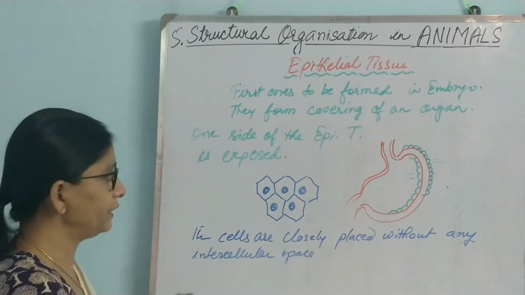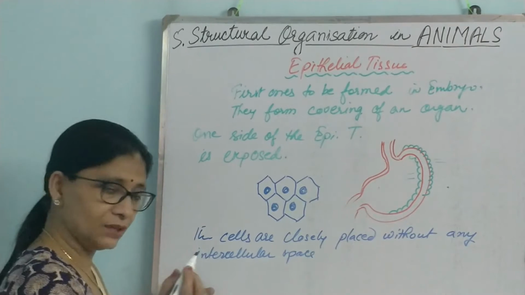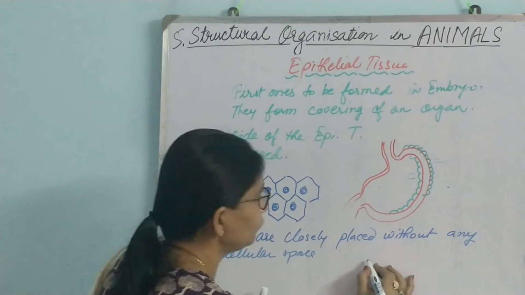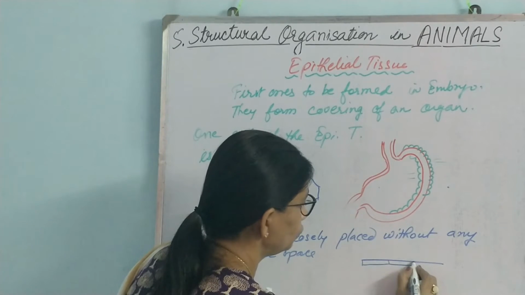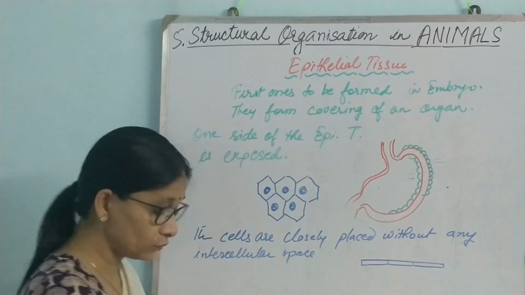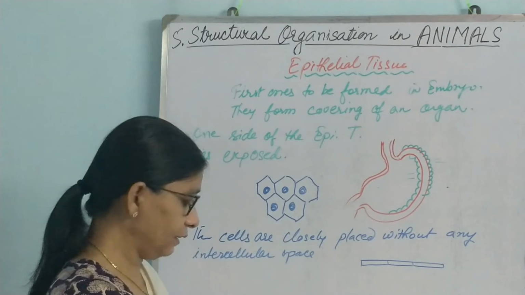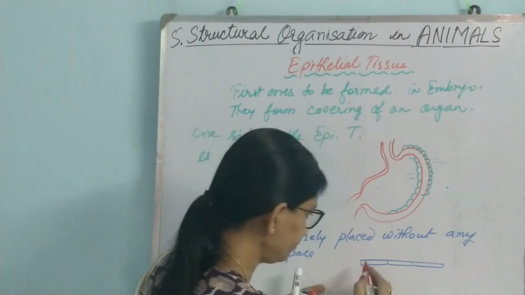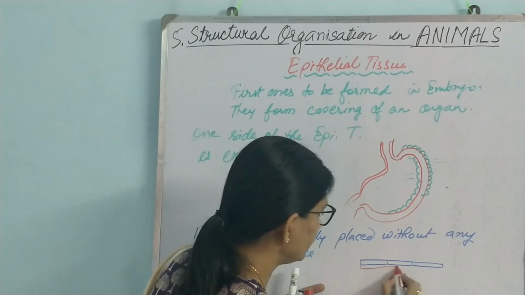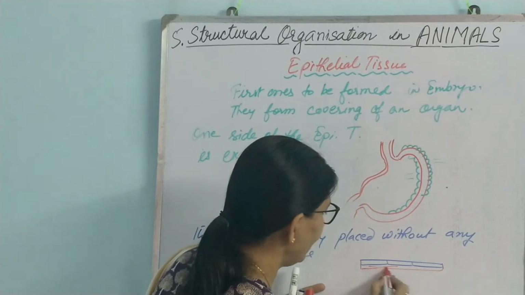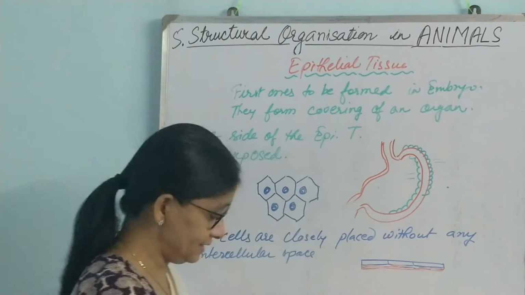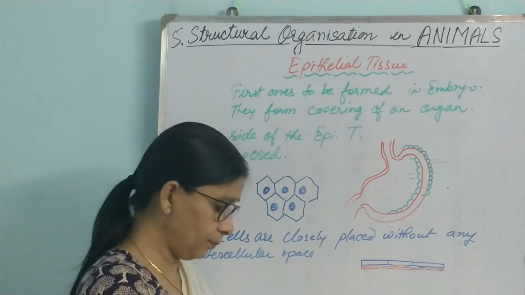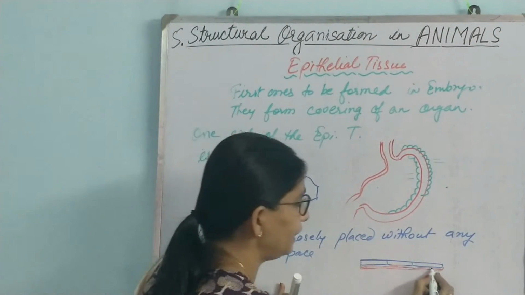The third important point about epithelial tissue is that, say this is the tissue, if we see from the side, these are the cells of the tissue. They will be lying on a membrane. It's a very important characteristic of epithelial cells that the cells are placed on a membrane.